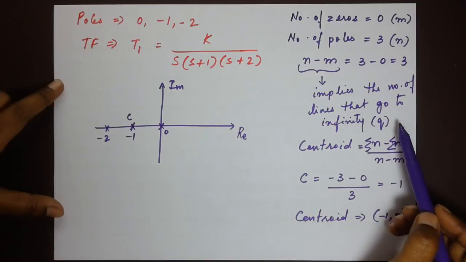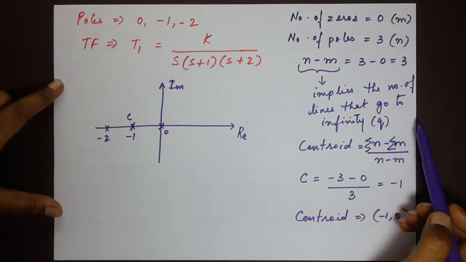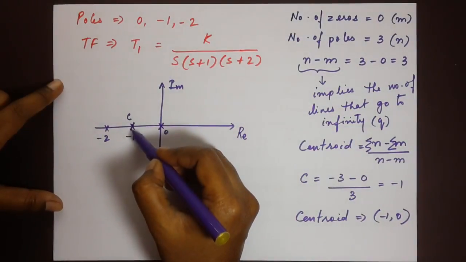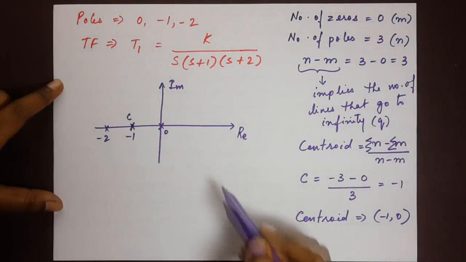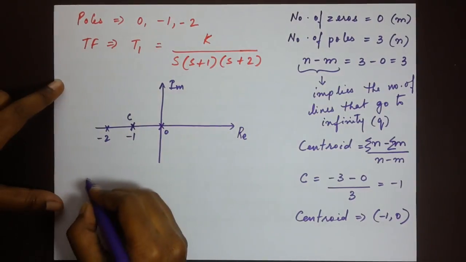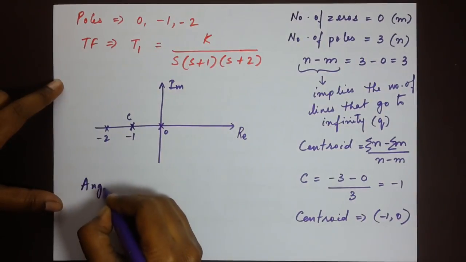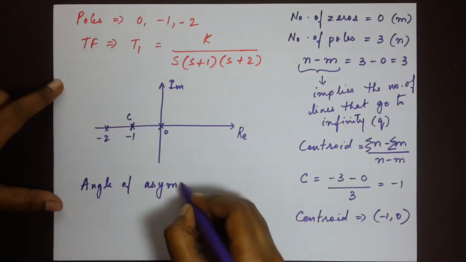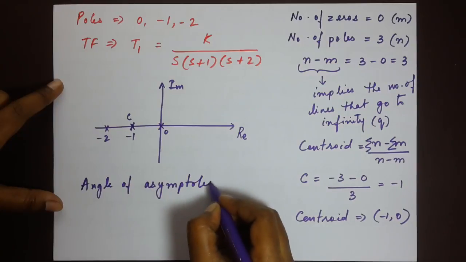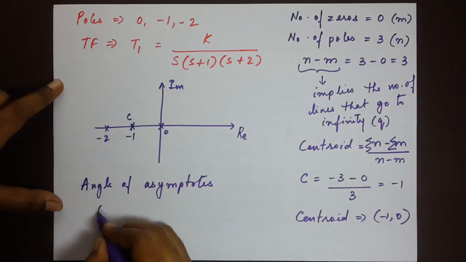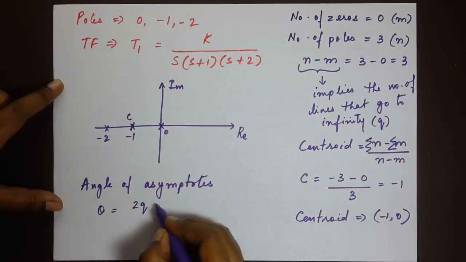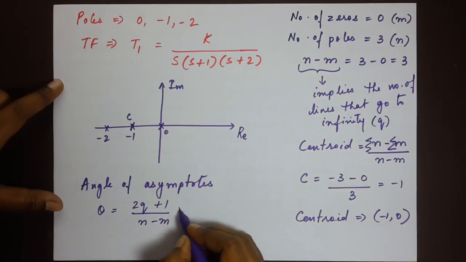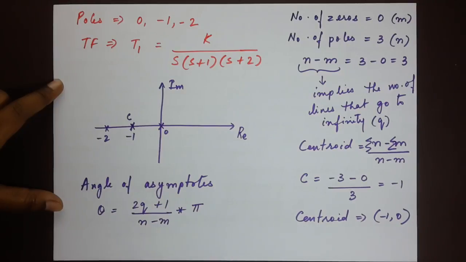In order to draw the asymptotes, we have to use the formula for angle. From this point, we don't know in which direction we have to draw the lines, right? So we use the formula for the angle of asymptotes. The formula is theta is equal to (2q plus 1) by (n minus m) into pi.